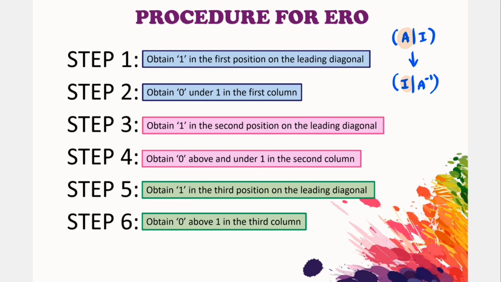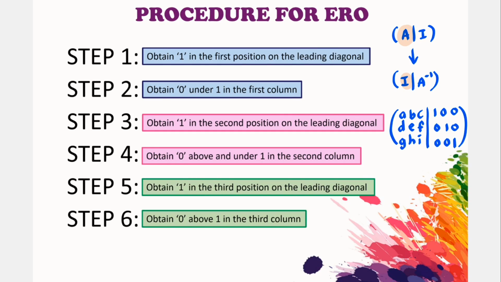Let's say I'm going to write A, B, C, D, E, F, G, H, I, and this is our identity matrix. Since we are going to do it column by column, each column has 2 steps. For each column, we always start with obtaining the leading diagonal A, E, and I into 1.